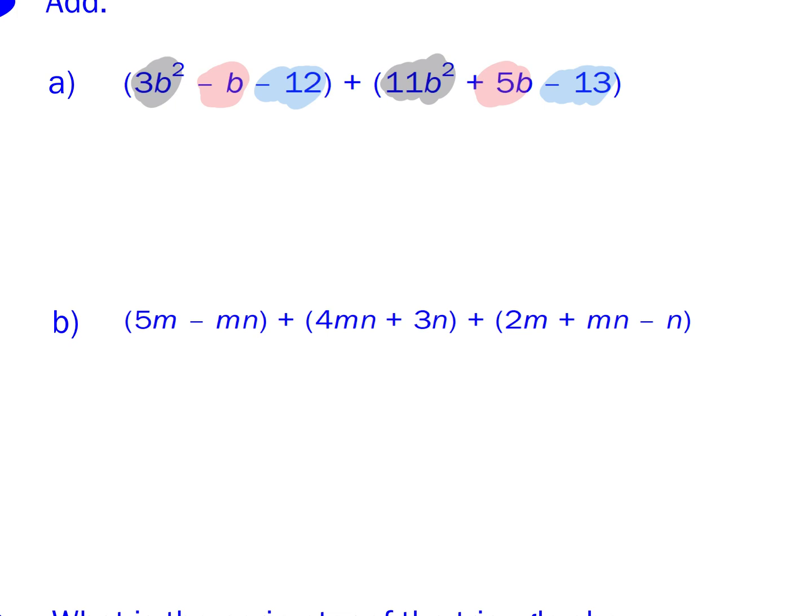So once we have that in mind, then it's easier for us to group these so that we can simplify them. So we've got 3b squared and 11b squared. If we group the b squareds together. After grouping the b squareds together, we'll group the b's together. So that's negative b plus 5b.